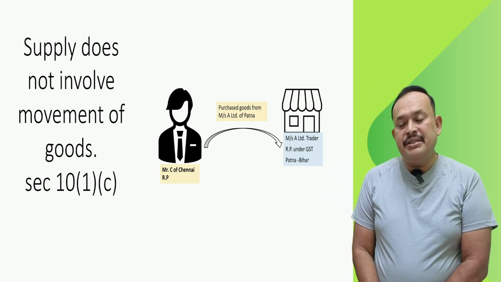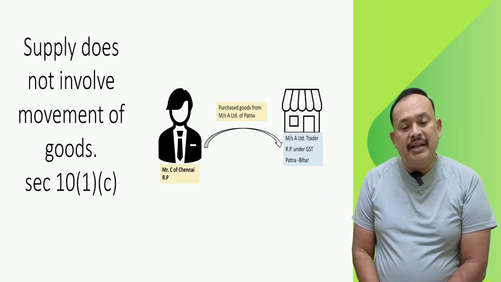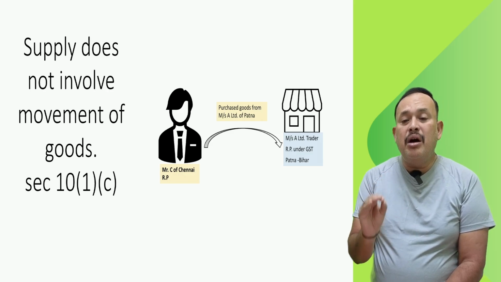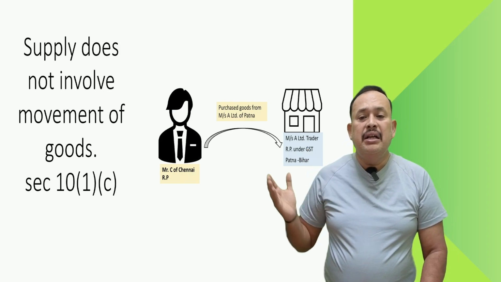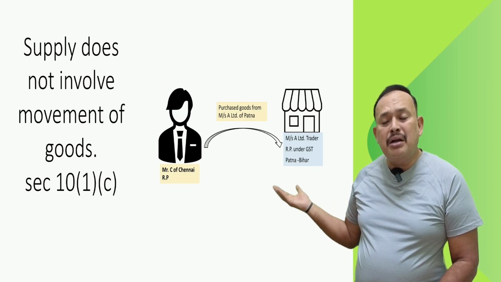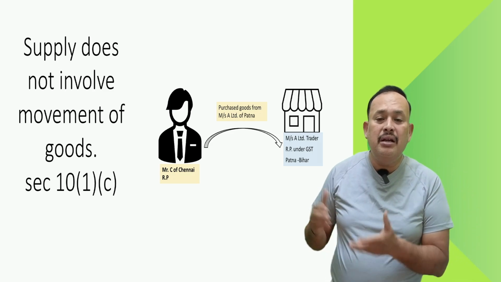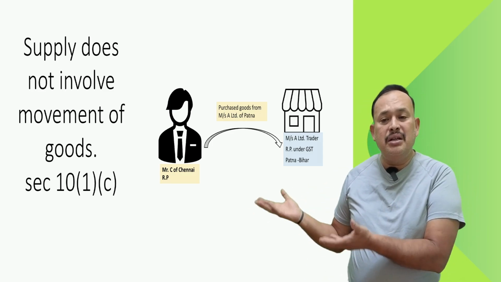In that case, it is a B2B transaction. Section 10(1)(c) says, at the time of supply, where the goods are located: A Limited trader's premises, namely Patna, Bihar. Location of supplier, Patna, Bihar. Goods are also located in Patna, Bihar.